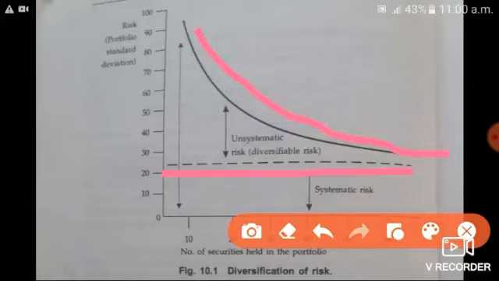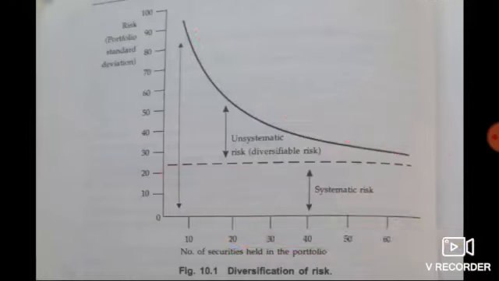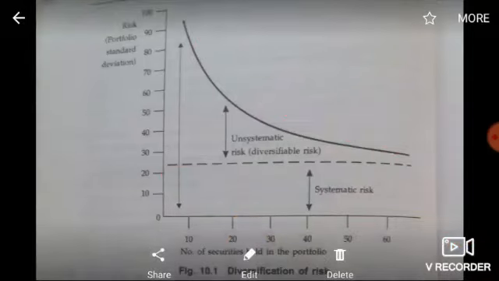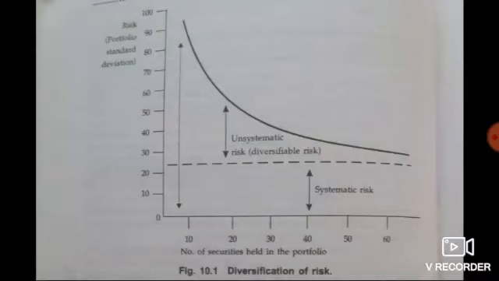The second reason is that every security has a component of systematic risk in it. This systematic risk cannot be eliminated and will be prevalent in the portfolio. So that is the case of diversification with more than two securities.